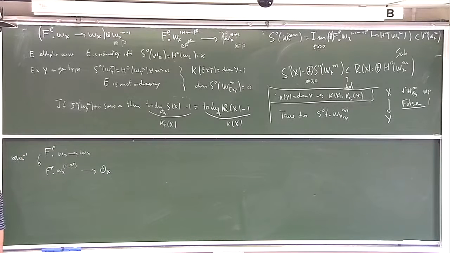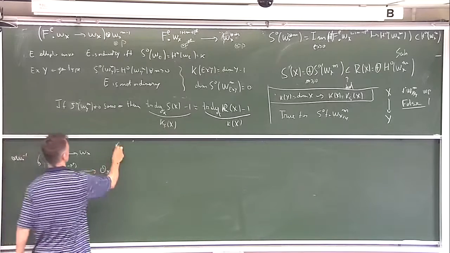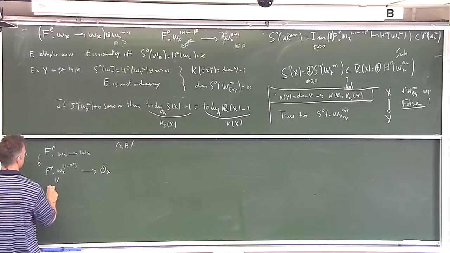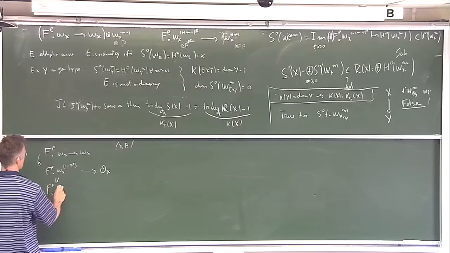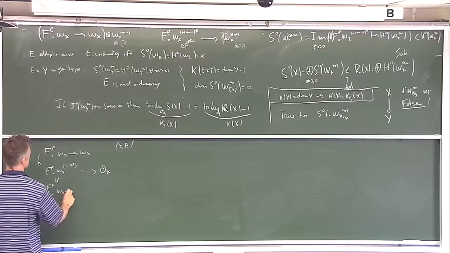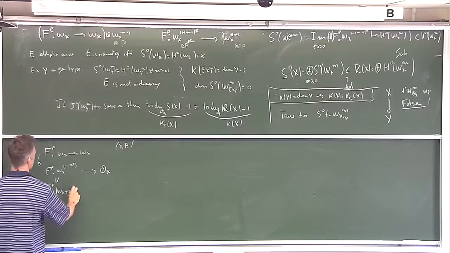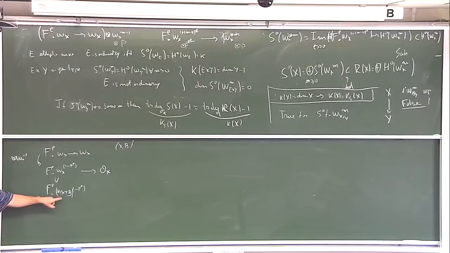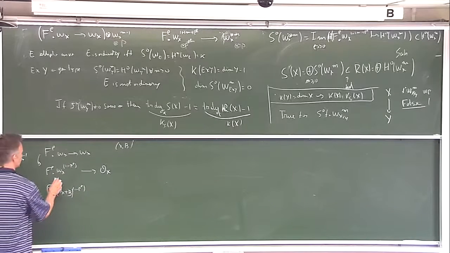Now you consider your boundary, like if you have a pair (X,B), then you can look at F^e_* of omega_X plus B to the power of 1 minus p^e. Notice 1 minus p^e is negative, right? So to go from here to here, I'm just adding B to the 1 minus p^e. So that goes in here.